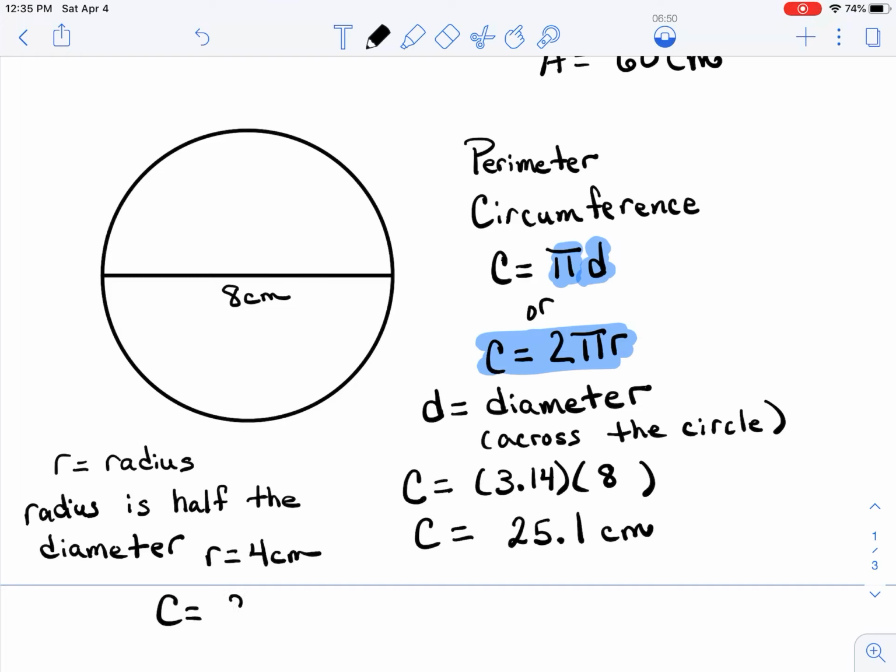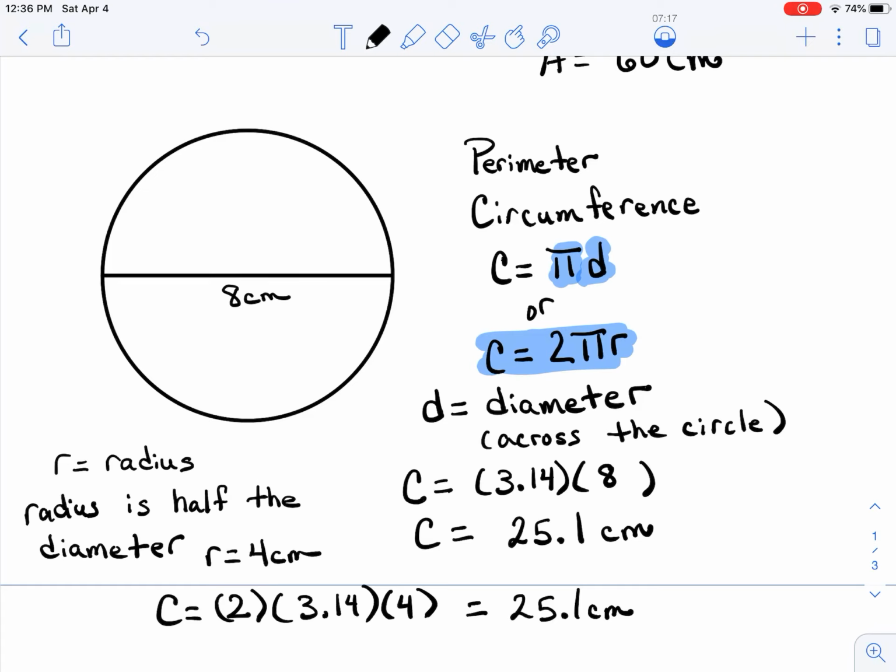So if I want to use that version of the circumference formula, 2 times pi, I'm going to use that 3.14 again, times 4, and multiplying all those up. Again, I get the same value of 25.1.